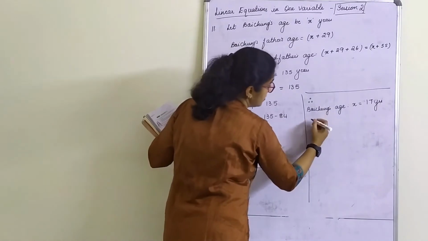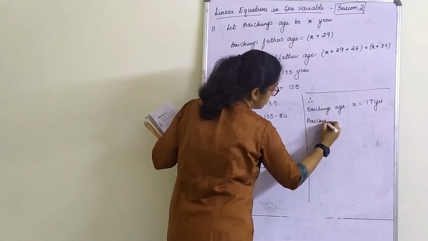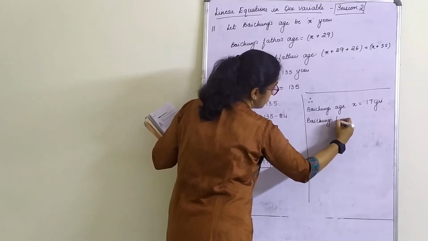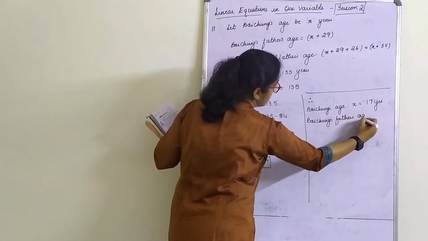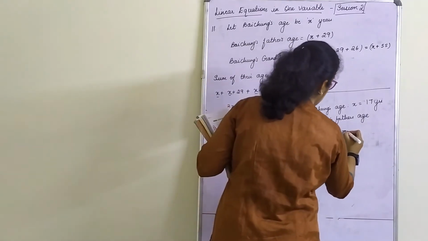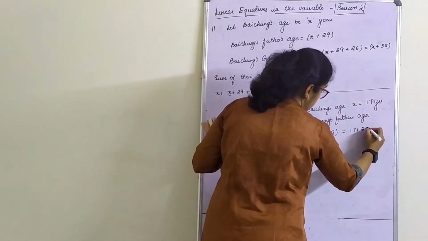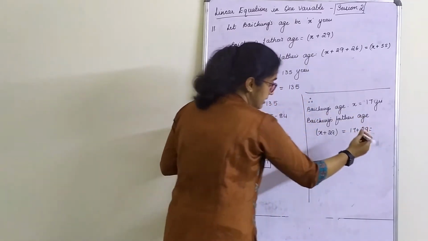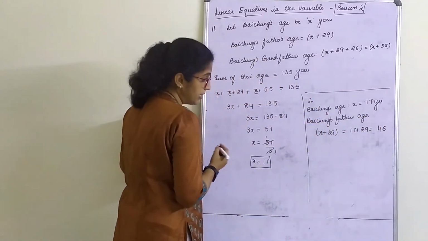Baichung's father's age is x plus 29, which is nothing but 17 plus 29, is equal to 46 years, right?